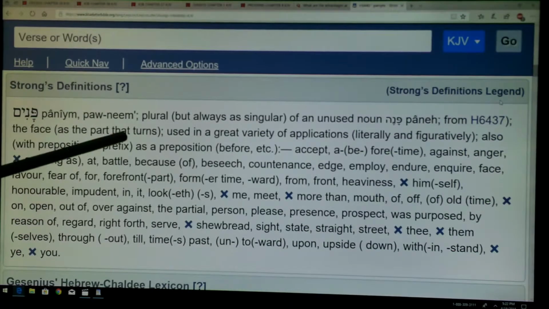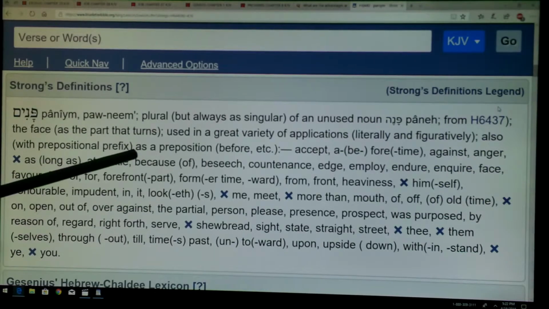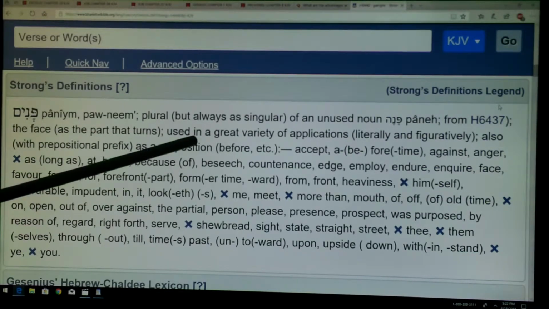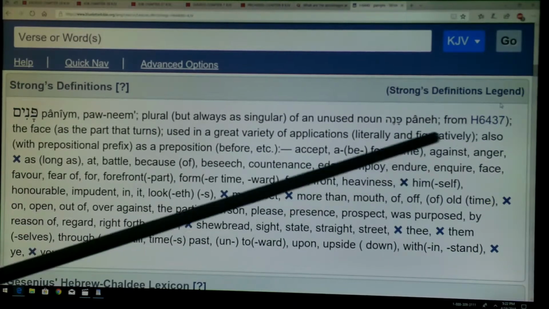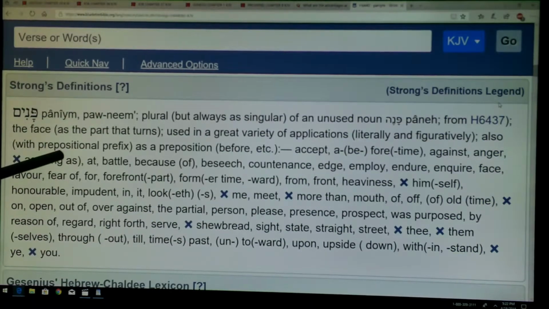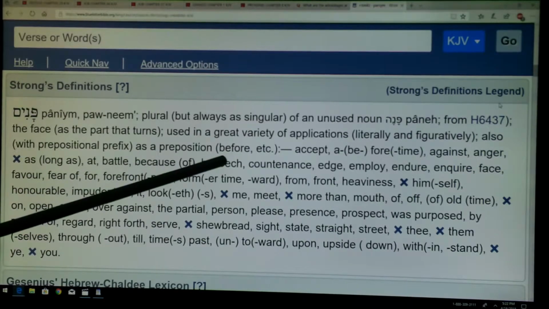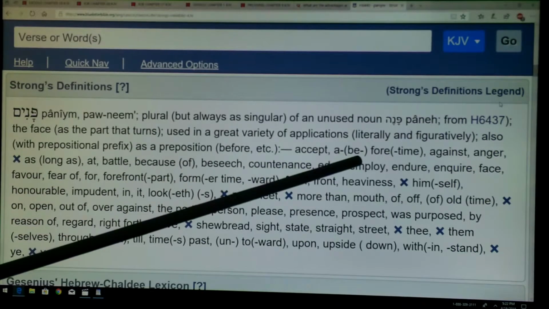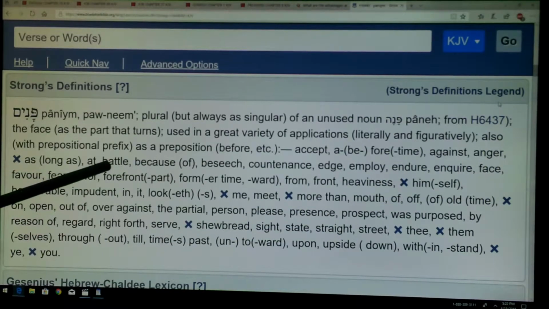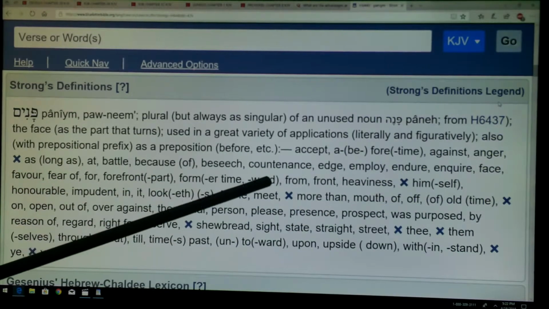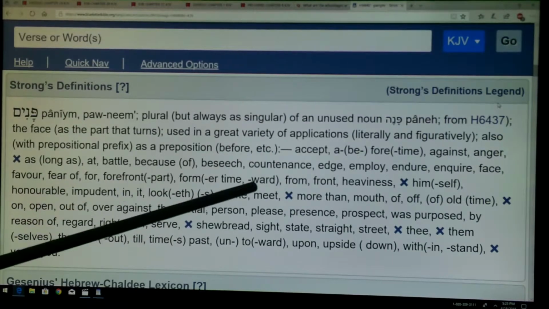As the part that turns. So the face is a part, just like turning your face. Used in a great variety of applications, literally and figuratively. Also with prepositional prefix as a preposition: before, etc. Except a, be, for, time, against, anger, as long as, at, battle, because of, beseech, countenance, like the countenance of your face.